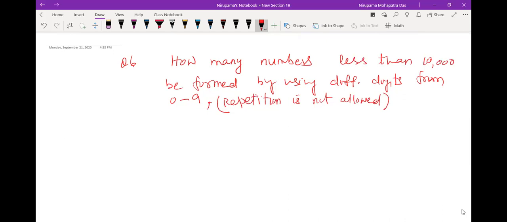Which are divisible by 5. Okay, so this is the question. Repetition is not allowed, numbers less than 10,000. When numbers are less than 10,000, what should be the criteria?